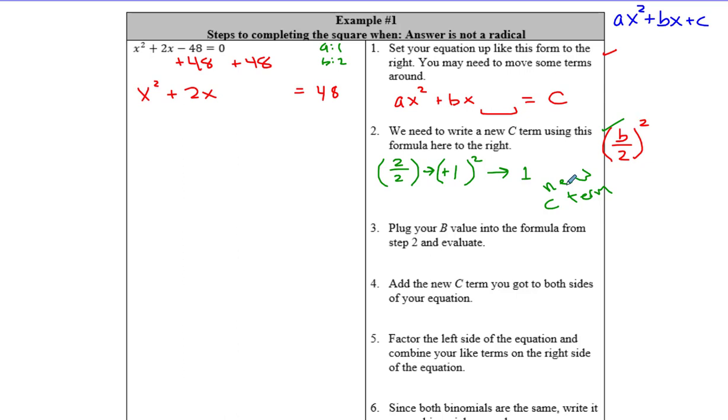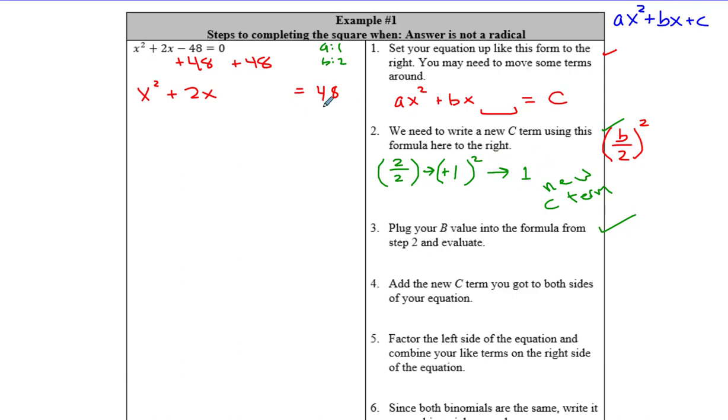Okay. So we can check this one off. Now it says to plug your B value into the formula from step 2 and evaluate. That's what we did right here. Okay. Step 4, add the new C term you got to both sides of your equation. Okay. So I'll do this part in green still.